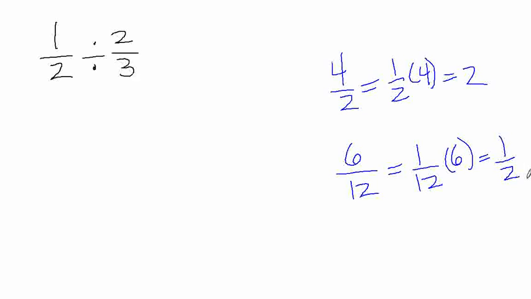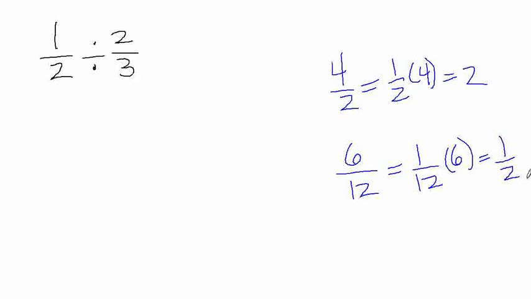So what we just reminded ourselves of is the fact that you can convert division to multiplication and multiplication to division. We're going to take advantage of that fact to convert division with fractions to multiplication with fractions. Why? Well, we already know how to do multiplication.